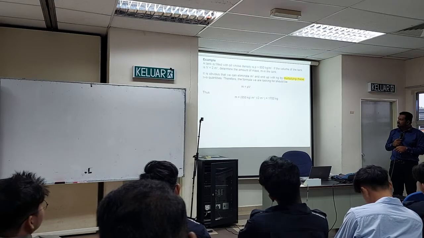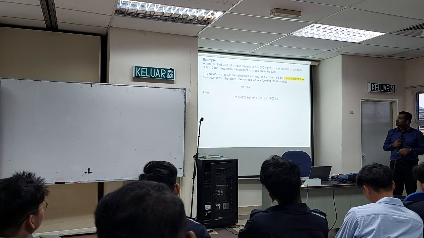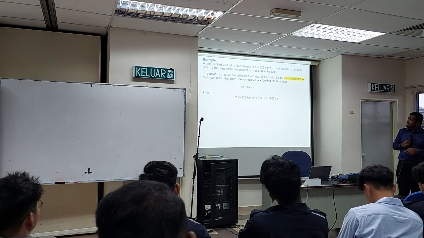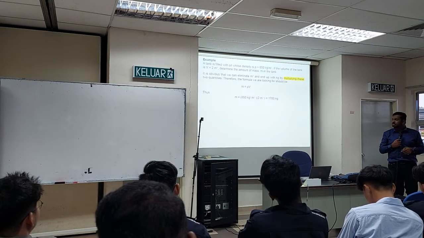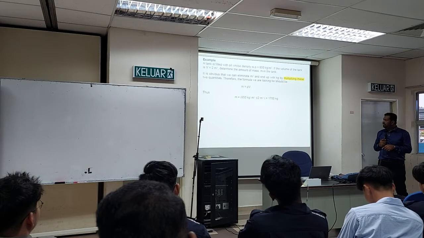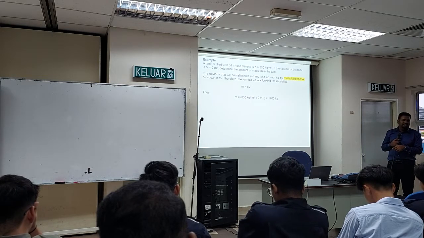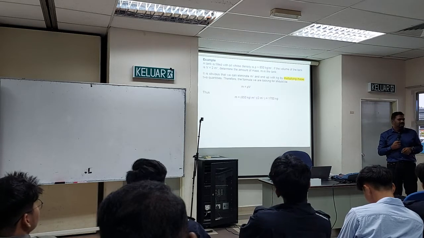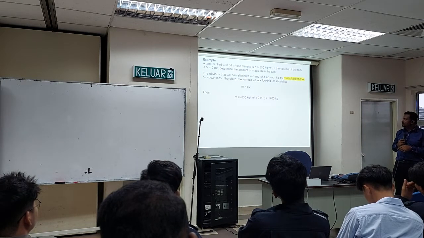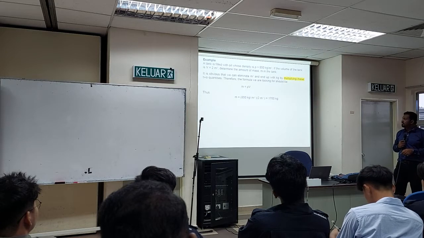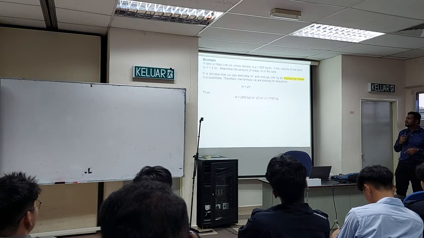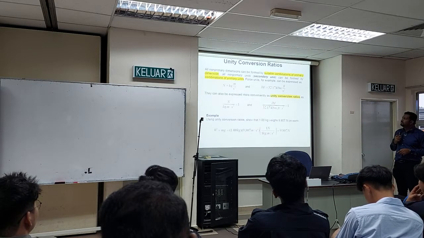So meter cube can cancel with meter cube, so in the end the mass will be in kilogram. Okay, so multiplying is okay. So kalau yang ni kilogram per meter cube and yang ni temperature Celsius, cannot. Okay, it will derive another unit at the back. But if you want to cancel out things, it can be done.